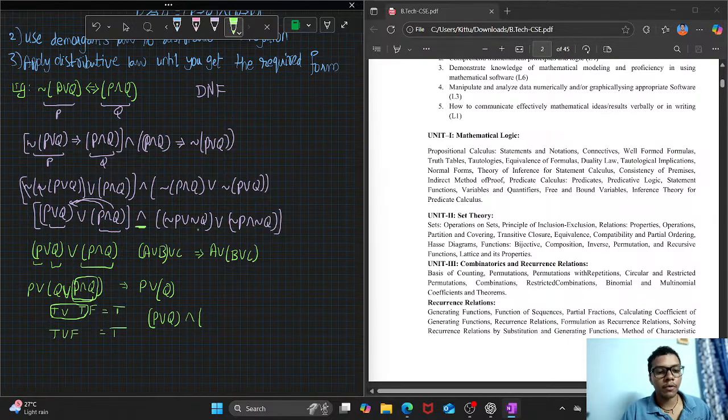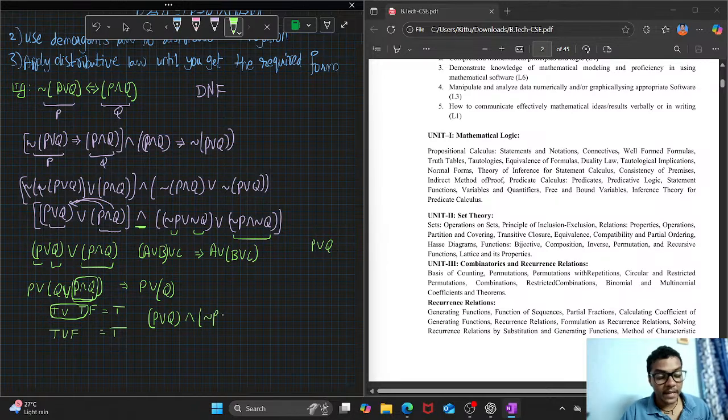So how do you want it? You want it as the P or Q form here as well. So you just take this as one, just like how you have taken here. You will take this as one, and you will take this entire thing as one.